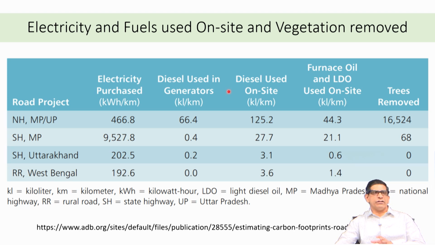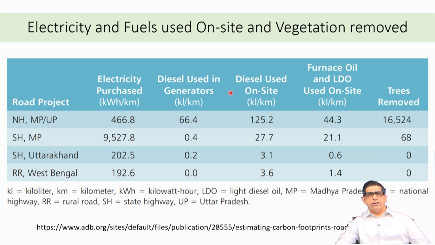You can see all those numbers now: electricity purchased, how many kilowatt hours per kilometer, diesel used in generators on site, furnace oil used, how many trees got removed. Those you can see as part of the data which they have used. So per kilometer, how much electricity, diesel and other things were required.